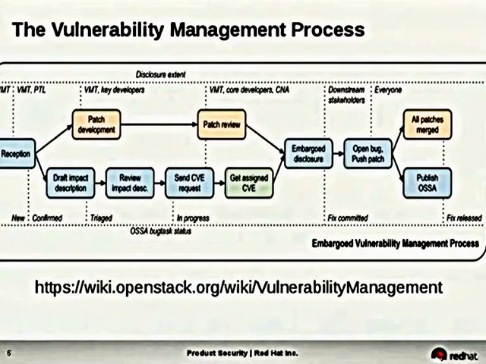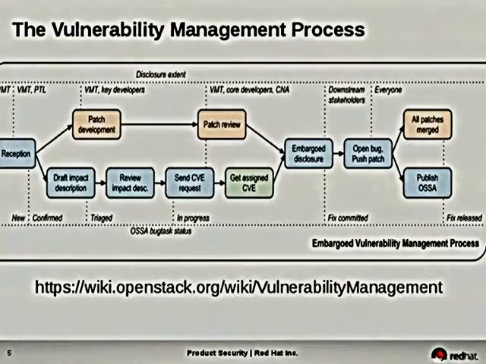Once the patch has been reviewed and approved, and we have an impact description, we request a CVE, which is the way that the industry tracks security issues. From there, we have an embargo disclosure date that's set usually with around five days notice for key cloud operators and OpenStack software vendors. This allows them to apply the patches that we've worked through upstream into their products and make sure that they're not exposed to any security threats.